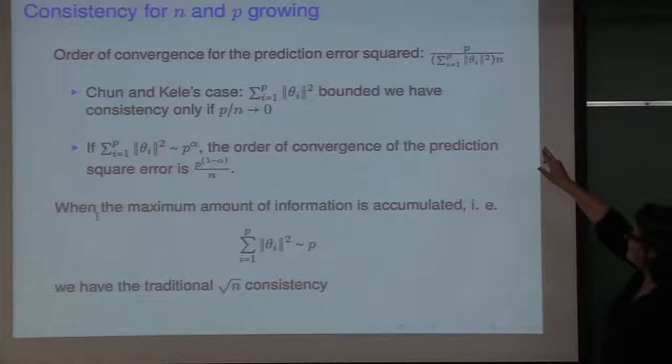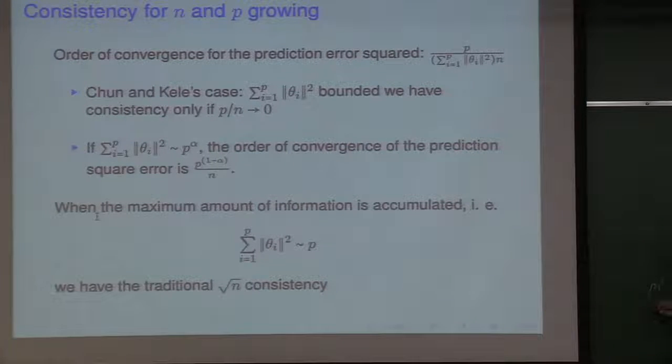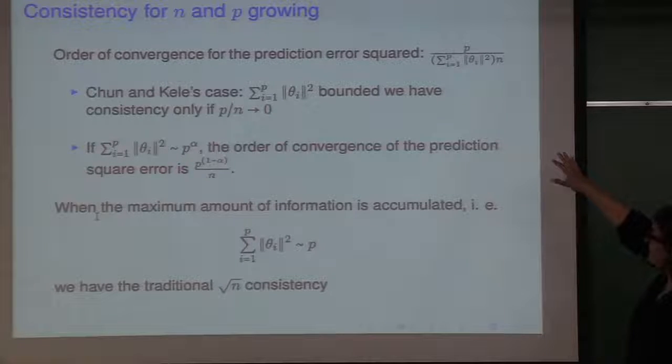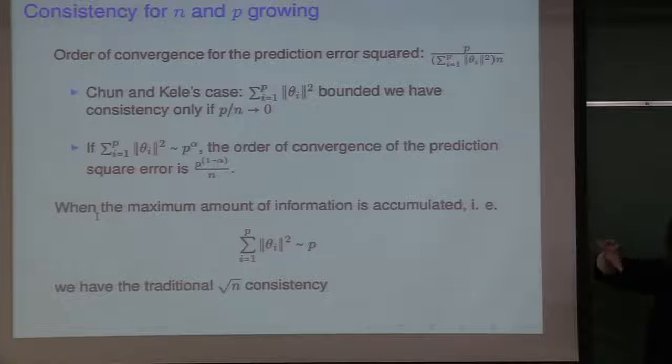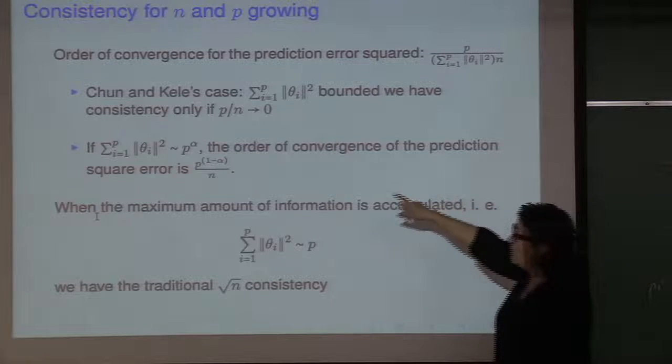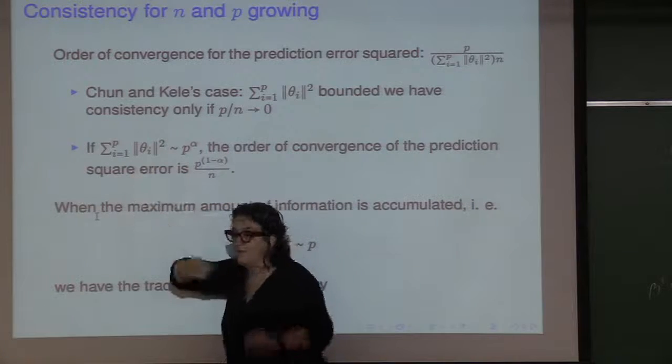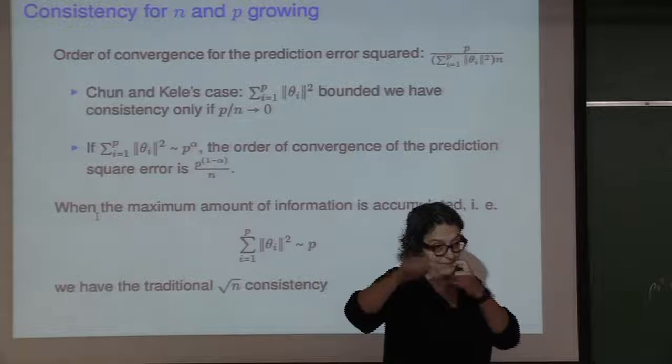But if you have some information, because the thetas are the ones that are multiplying x, if the information that you have in the x is growing and growing, or is not constant, you don't stop getting information. Therefore, it can converge even if P over N doesn't go to 0. And of course, the rate of convergence depends on how much information you are getting from each of the x that you are adding.